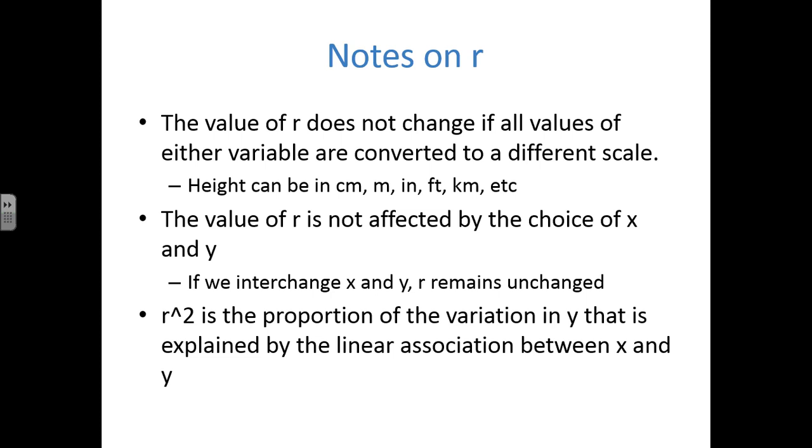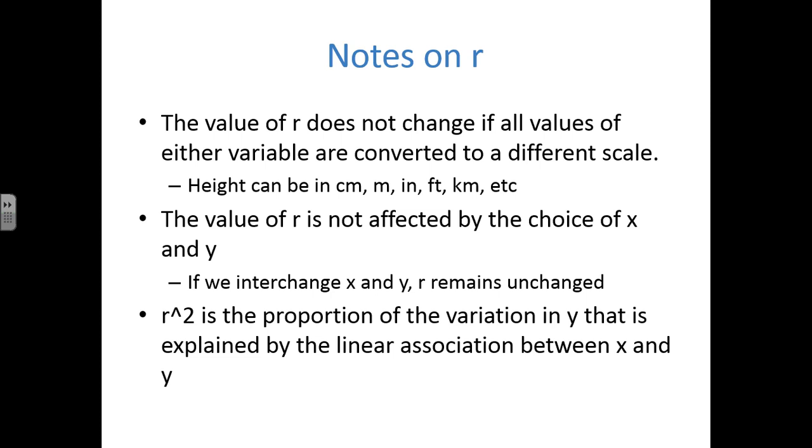Now, an r squared of 0.72 would say that about 72% of your blood alcohol level is explained by the amount of beer that was drunk.